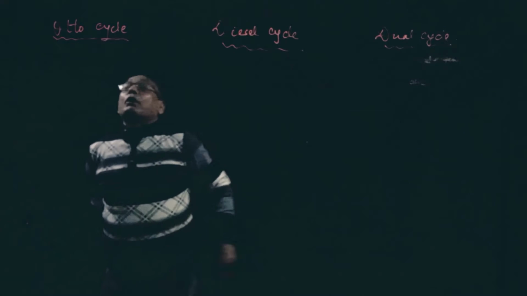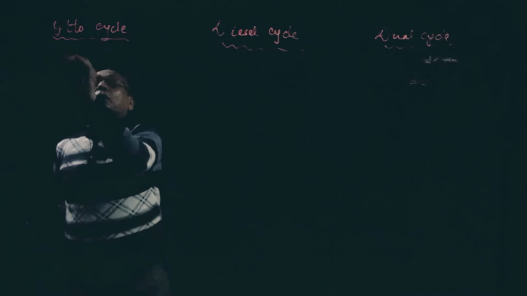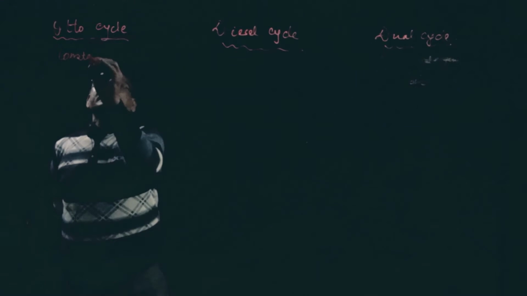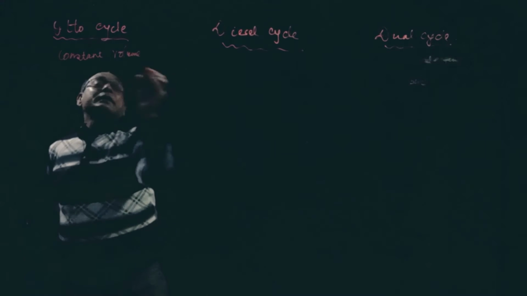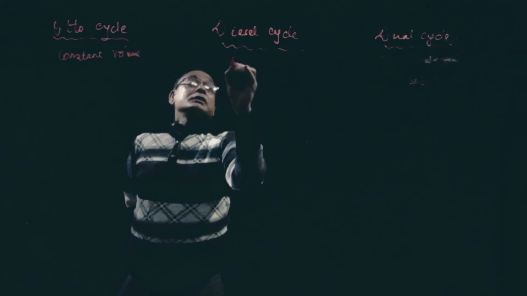Okay. So Otto cycle is also called constant volume cycle. Diesel cycle is also called constant pressure cycle.